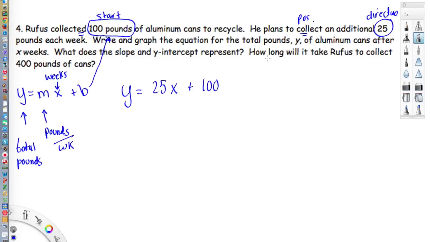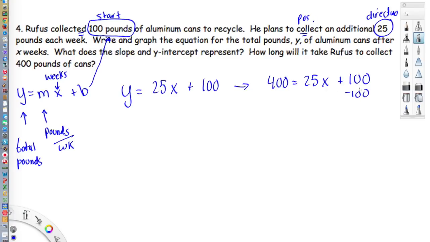How long will it take Rufus to collect 400 pounds? What we would do then is we would say, okay, we're setting our total pounds to 400, so we replace our y with 400 is equal to 25x plus 100.